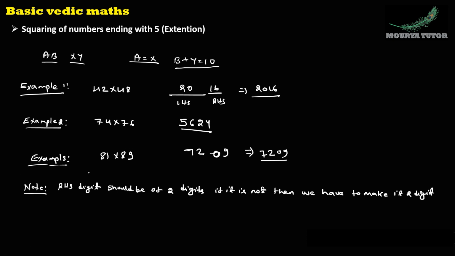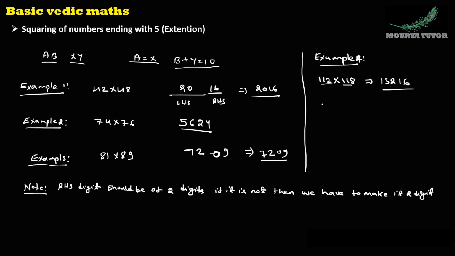Let's just take some more examples that will make the concept clear. 112 into 118. Multiply these two numbers. Answer will be 13216.